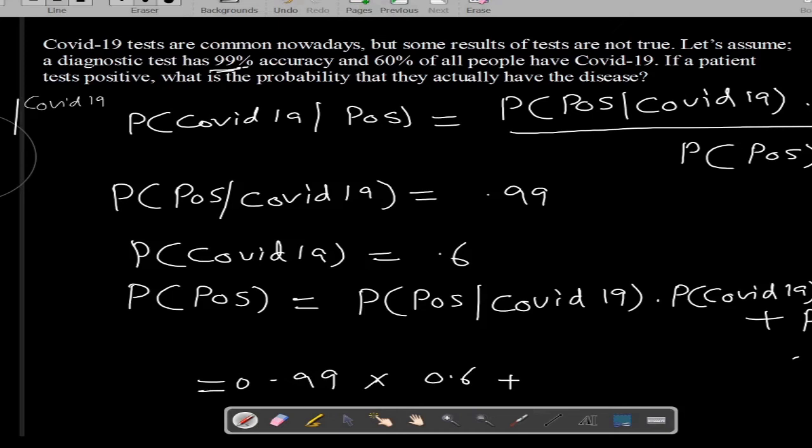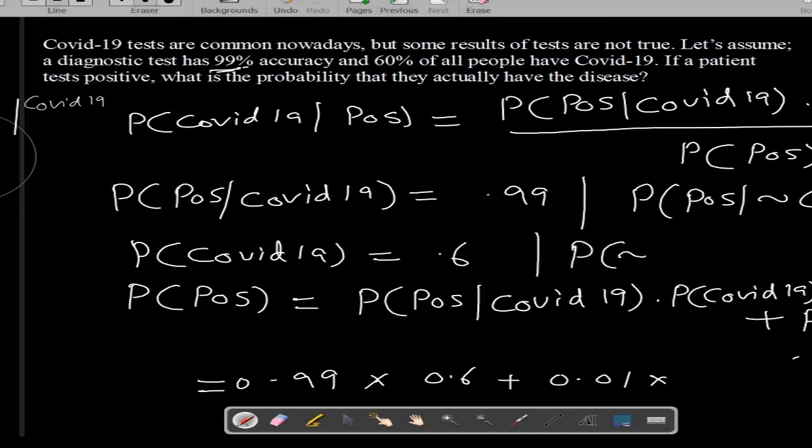So that is going to be 0.01. Since the test has 99% accuracy, we can find out that the probability of positive result if the patient is not affected by COVID-19 is 0.01, times the probability that a patient is not affected by COVID-19, which is 1 minus 0.6, that is 0.4.